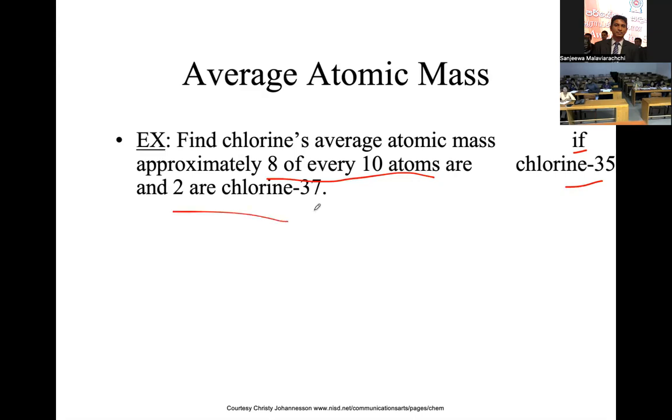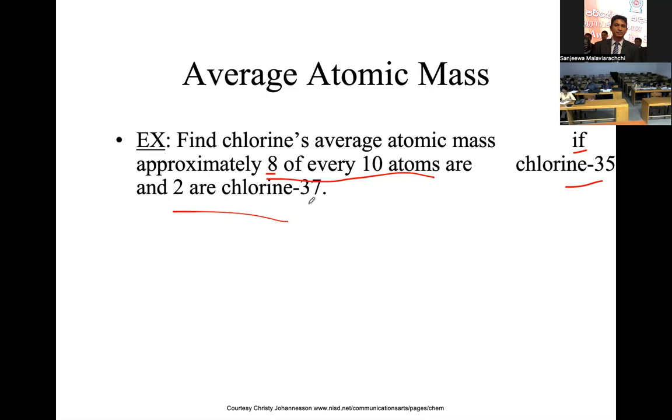So we have two isotopes of chlorine, 35 and 37, and they give us a ratio. If you count every 10 atoms of chlorine in nature, you will find 8 of them as 35 and 2 of them as 37.